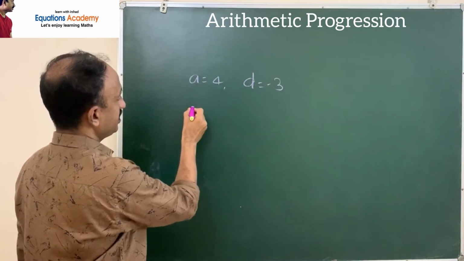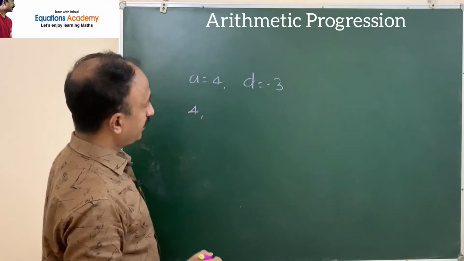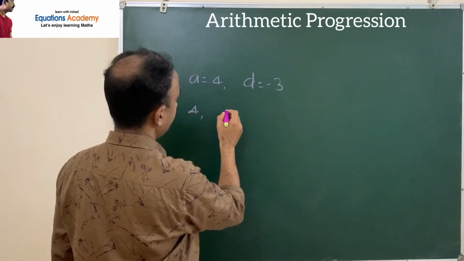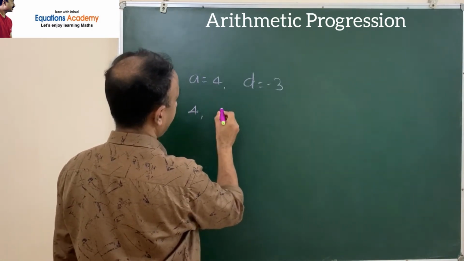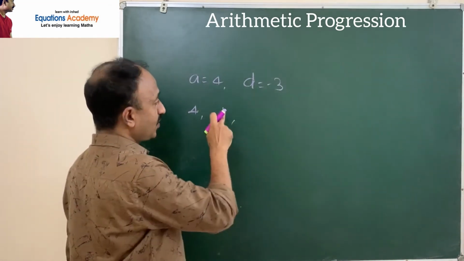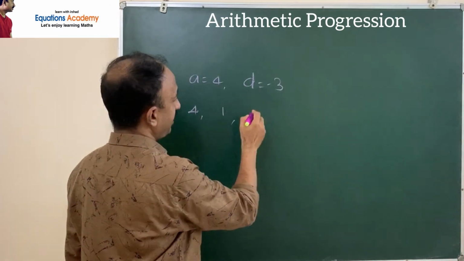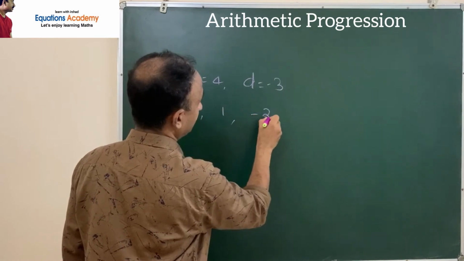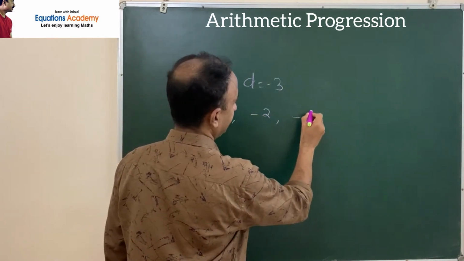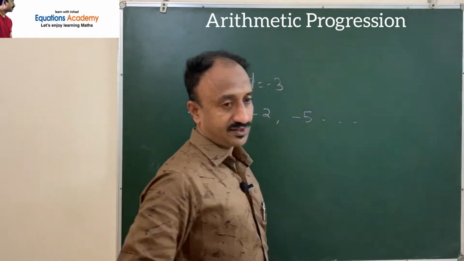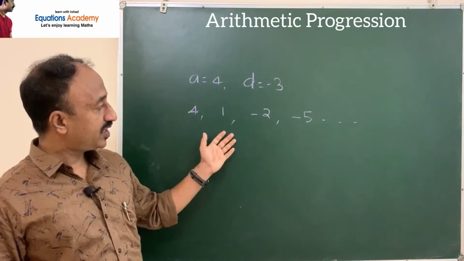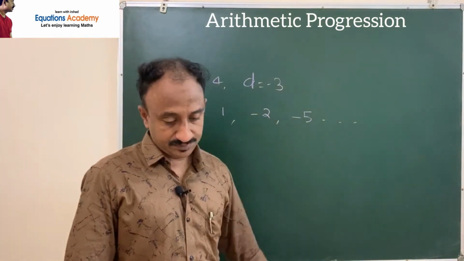So the first term is 4, second term is 4 minus 3, which is 1, then third term is 1 plus minus 3, it is minus 2, then fourth term is minus 2 plus minus 3, it is minus 5. The 4 terms are 4, 1, minus 2, minus 5.